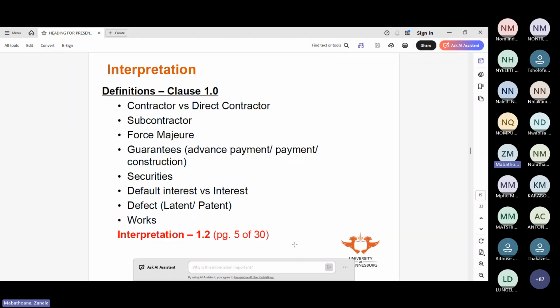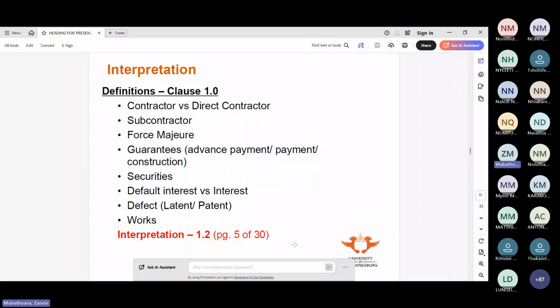Then you have default interest versus interest. Default interest is what the contractor gets. So whatever the ruling rate is by JBCC standards, if you delay paying the contractor, and let's say the prime lending rate is, what is it now, 9%? I don't know what it is.